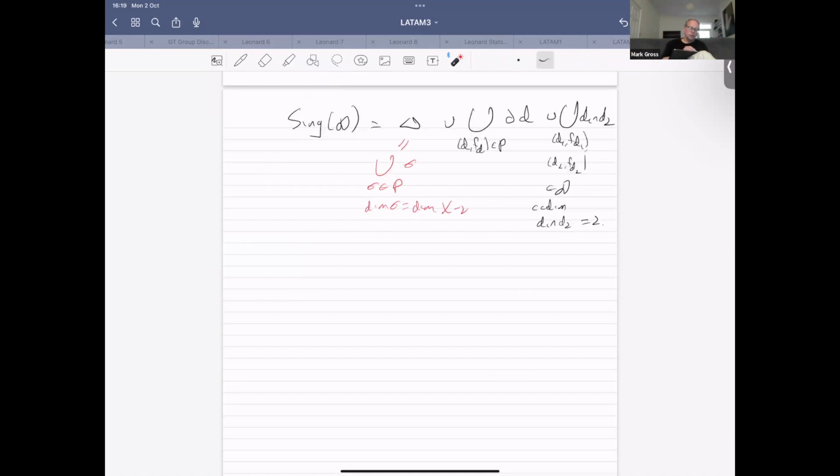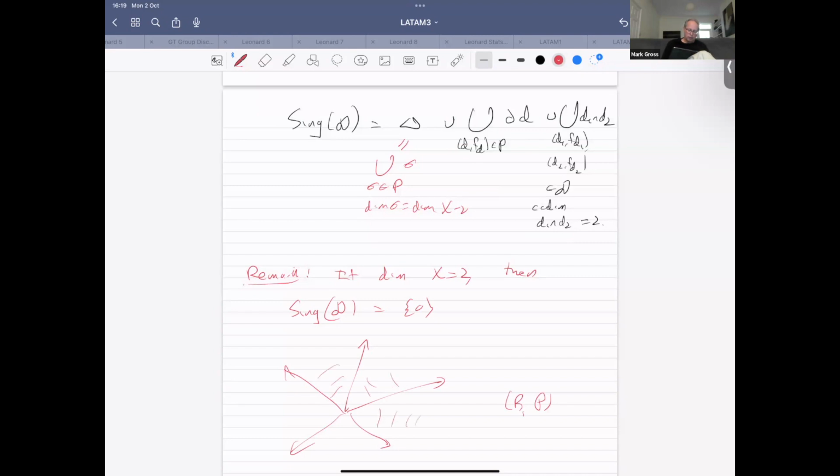Just as a 2-dimensional remark, if dim B equals 2, then the singular locus of D is pretty simple. It's just the origin. Here's B_P, looking like a fan of some toric variety, perhaps.